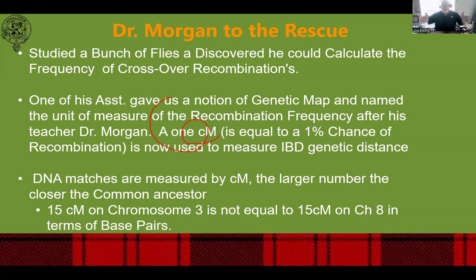Let's make it 1800, and if there's 100% probability that there's a recombination or mixing and matching of this segment of DNA, then we would say there is 18 centimorgans. Okay? Enough of that. Just know that a centimorgan is a unit of measure of how much we match. Simple as that. How large is the match?